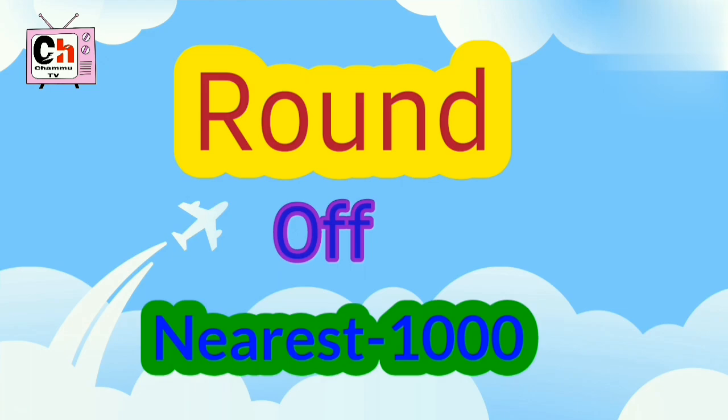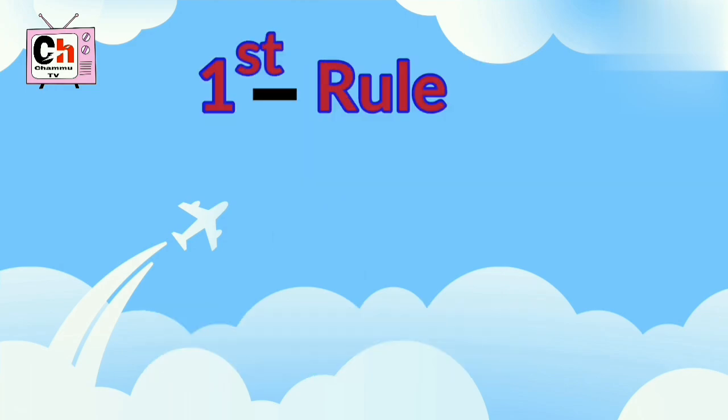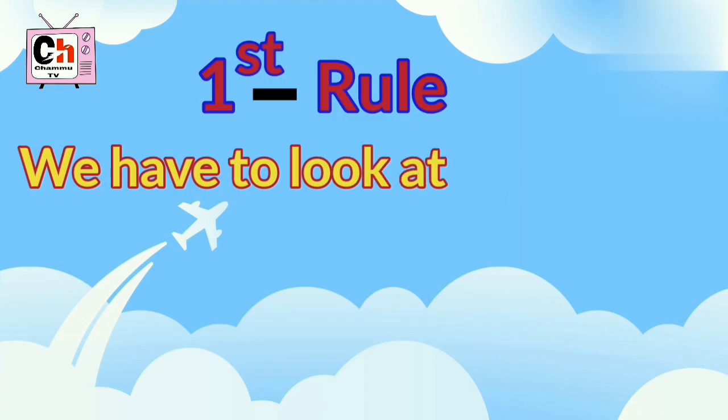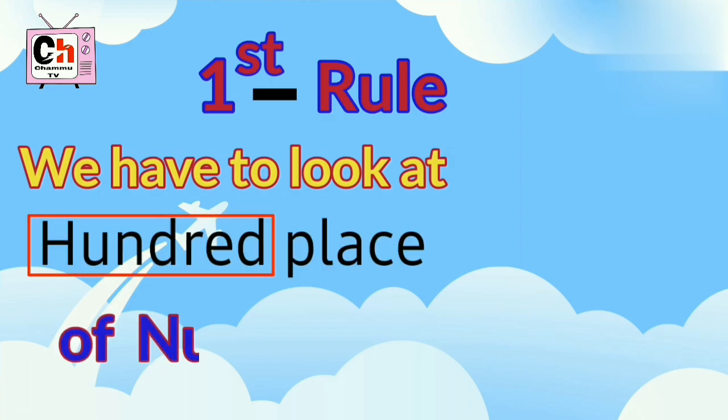Round off nearest 1000. First rule. We have to look at the hundreds place of the number.